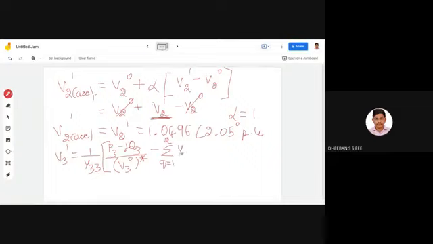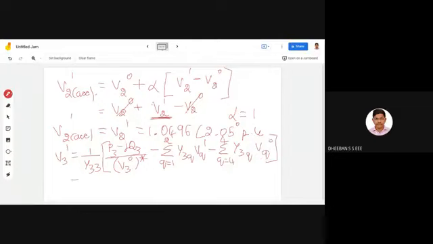So Y32 V21, minus Y34 V40, and this extends up to 4.